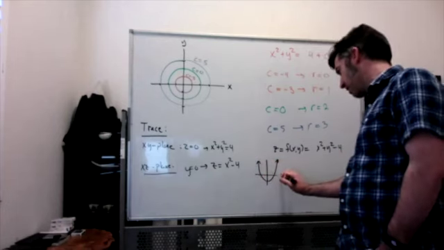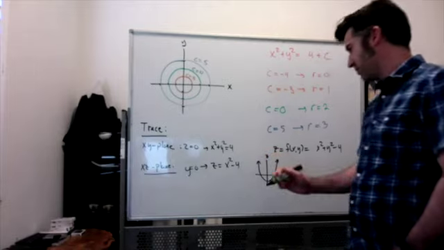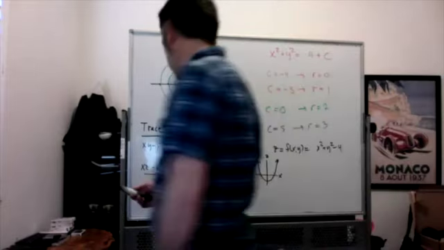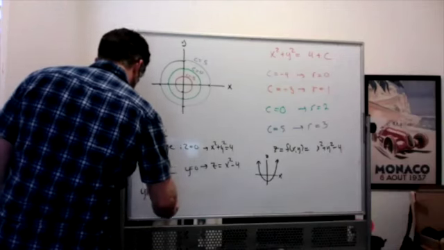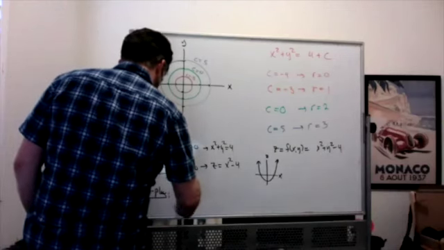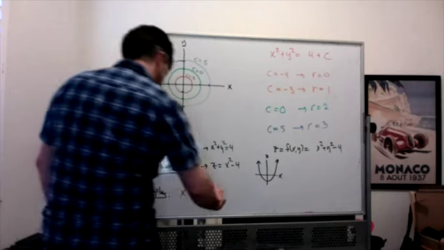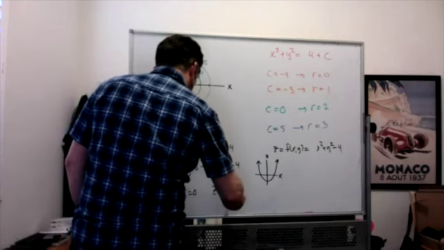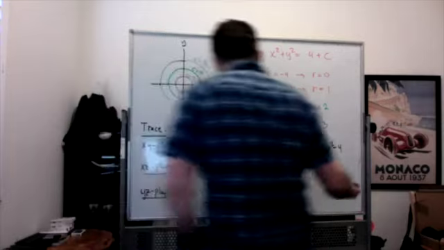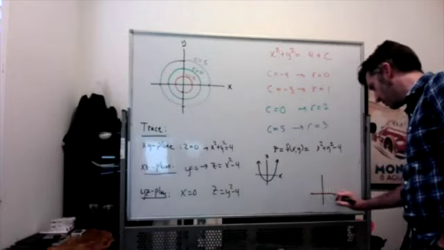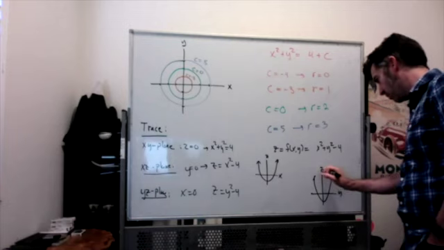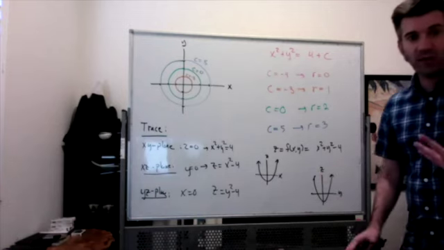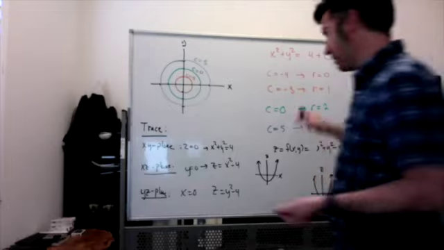That's in the xz plane. We get virtually the same graph in the yz plane: if we set x equal to 0, we get z equal to y squared minus 4. Now this is going to help us draw it three-dimensionally.